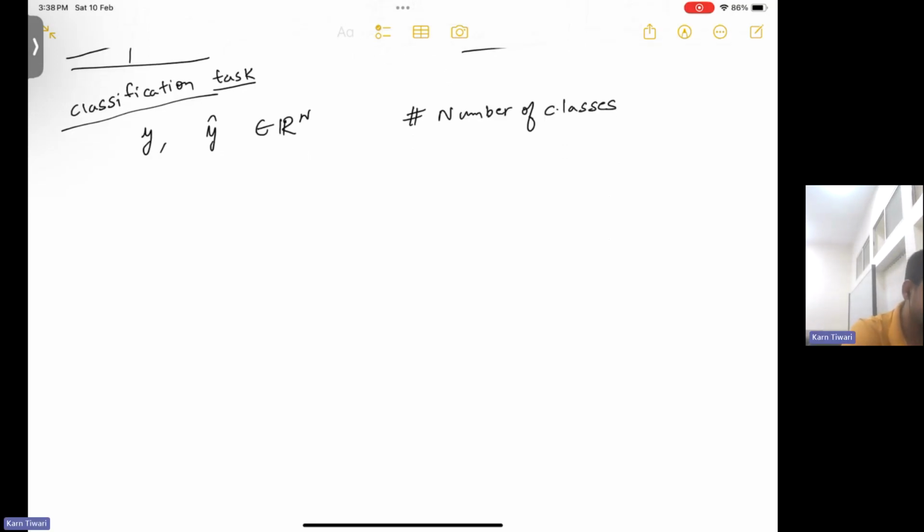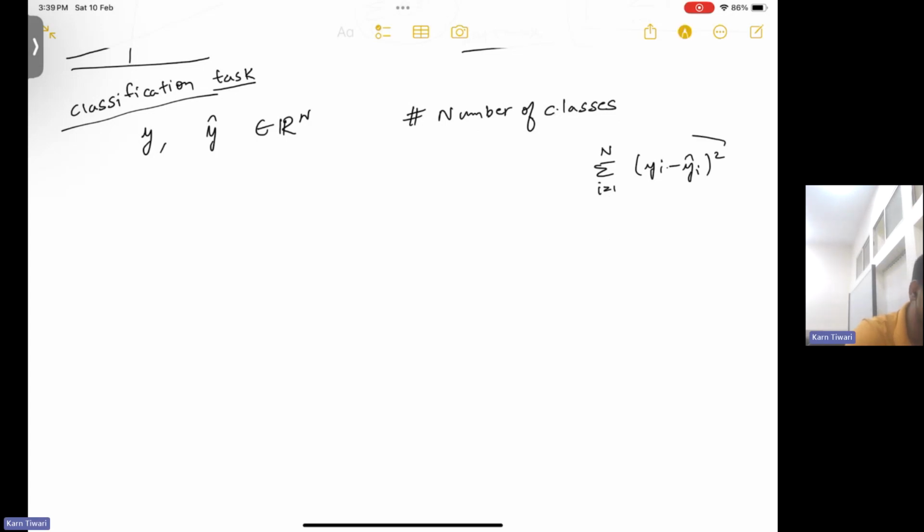But the thing is, we can work with the RMSE loss, which is the summation over i from 1 to n number of classes of (yi minus y cap i) square.